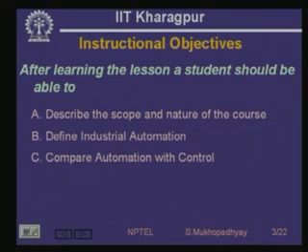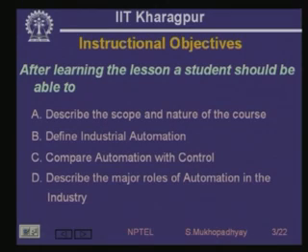He will be able to define industrial automation, what it is. He will be able to compare automation with control. This course has two terms, industrial automation and industrial control. So, he will be able to understand what are the similarities and differences between these two terms.